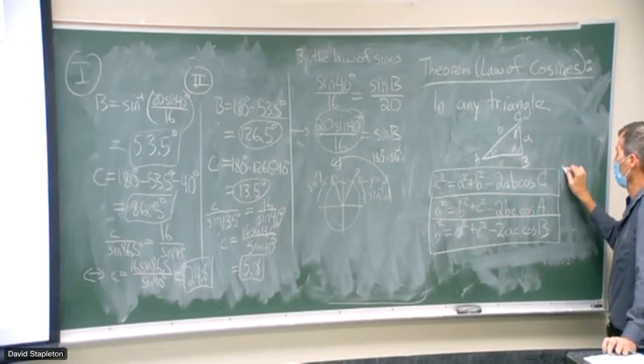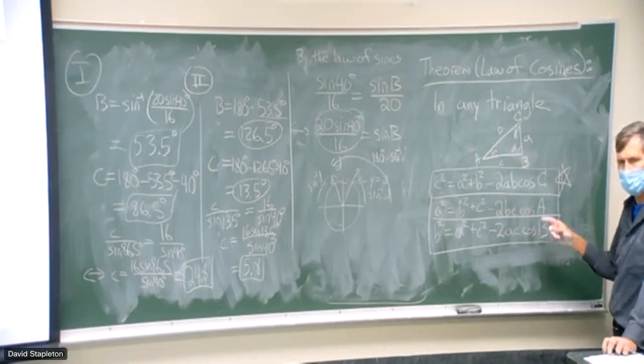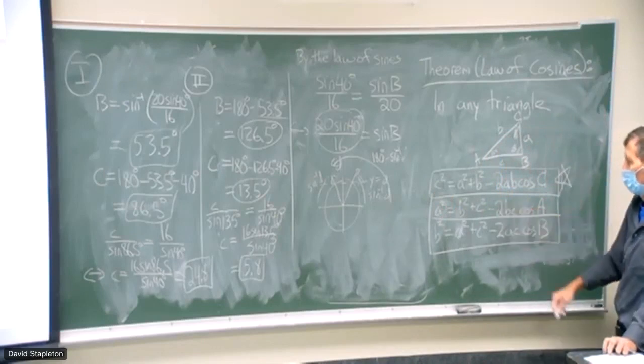I like the first one much better, and then I always figure out the last two. So if you memorize the first one, just relabel it and figure out the last two.